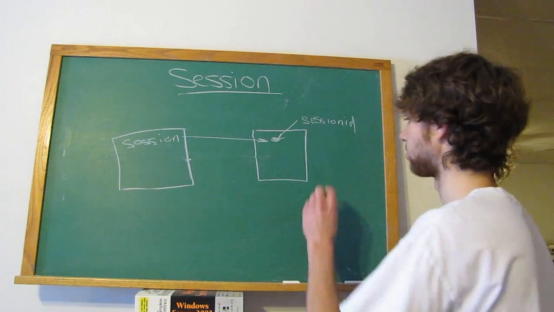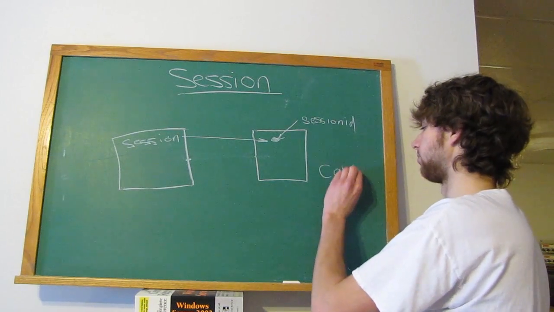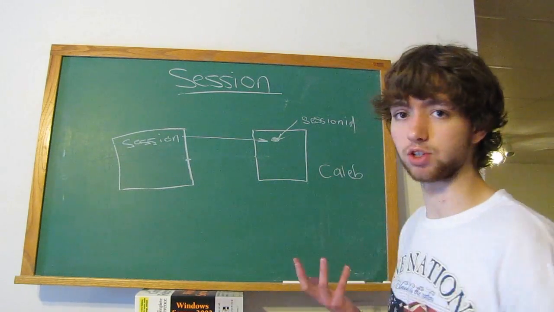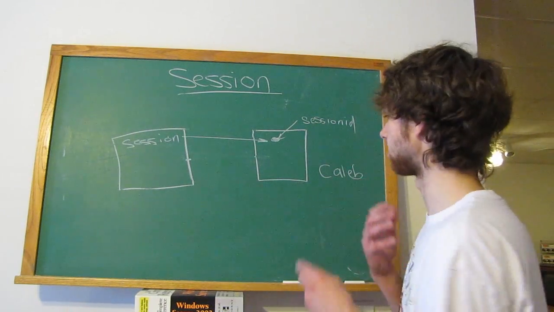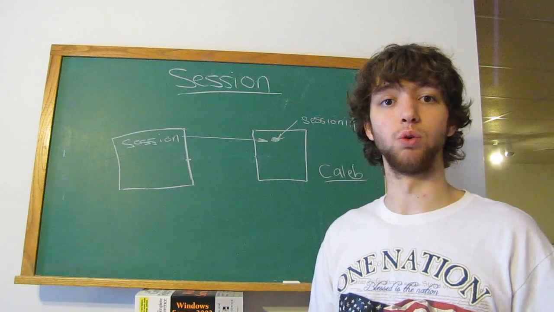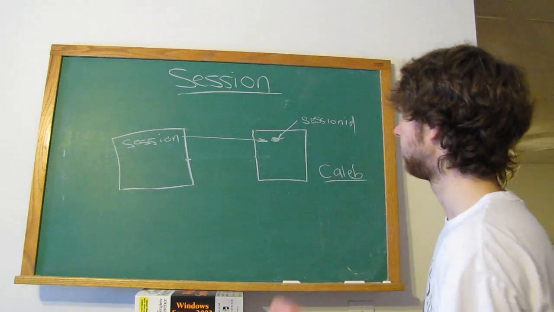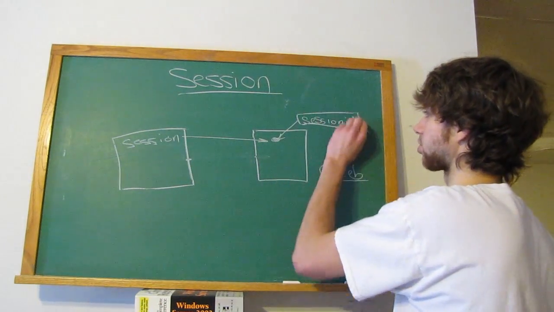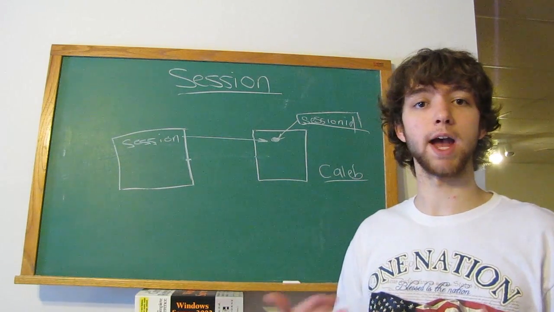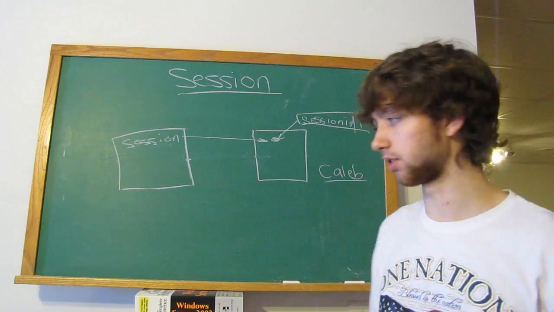So let's say you sign up as Caleb. Well, you get this cookie which has your session ID, which grants you access as Caleb. The main practical use for a cross-site scripting attack is to steal this session ID from somebody else. That way you can do actions as that account.